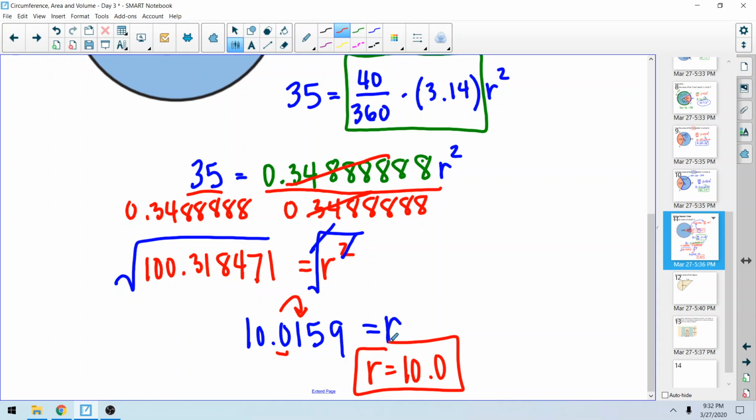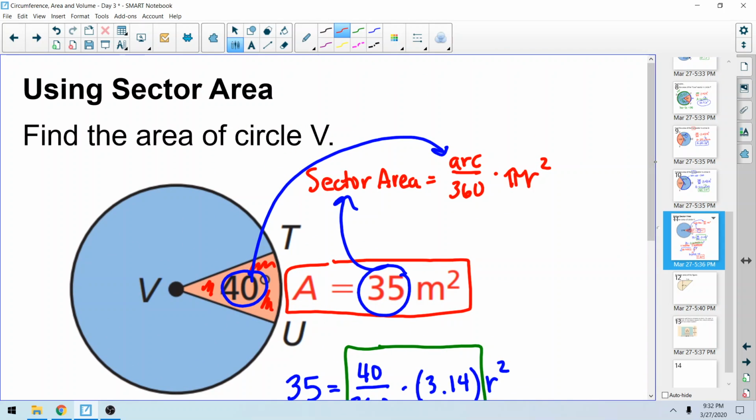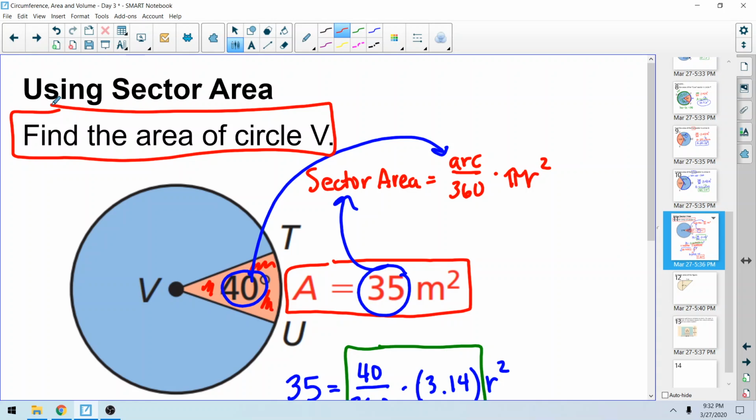Well, that's great, but let's go back up. Find the area of the circle. Well, we didn't find the area of the circle. We just found what the radius was. So on my circle, I know my radius is 10. If I have a circle that has a radius of 10, how do you find the area of a circle? Well, the circle area is just pi r squared.